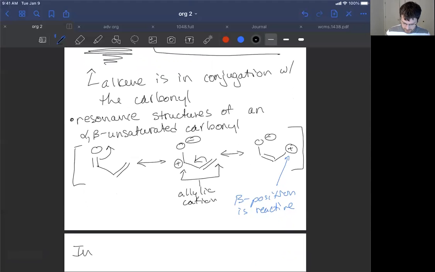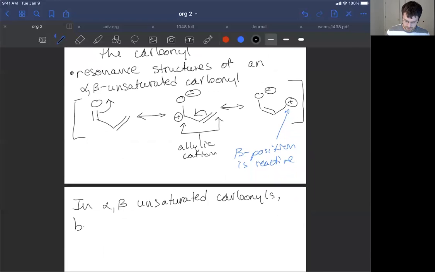So in these alpha beta unsaturated carbonyl systems, both the carbonyl carbon and the beta carbon have positive character.